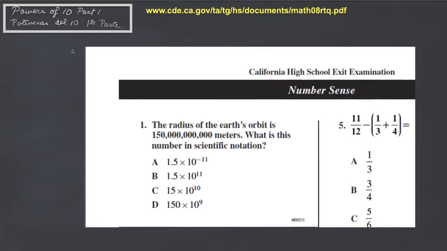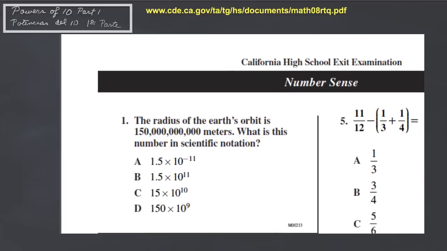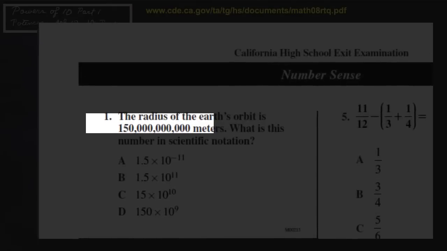When you download the CAHSEE release questions, you will find that the first sample problem asks you to change a very large number to scientific notation.